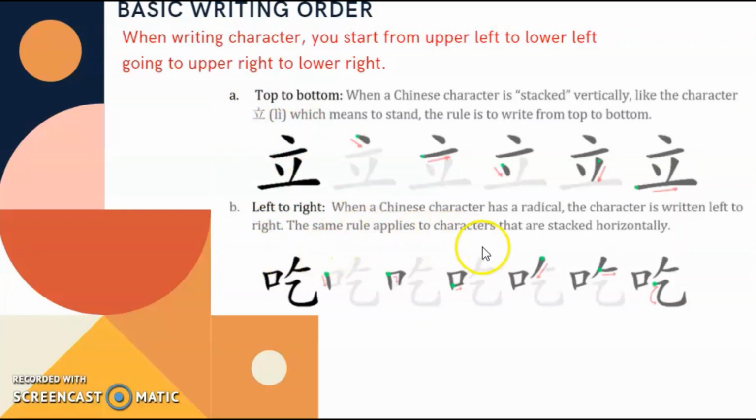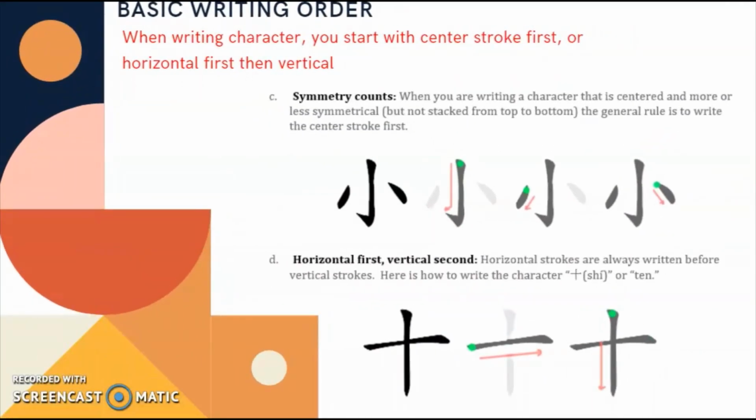And when a Chinese character has a radical, just like what we discussed earlier, the character is written from upper left to lower left, and upper right going to lower right.